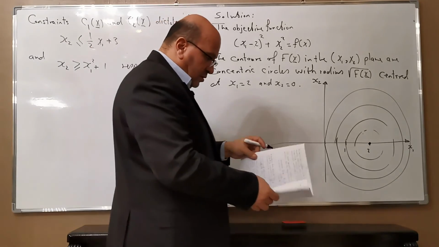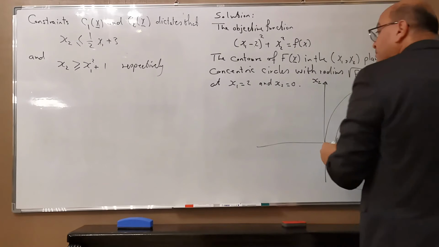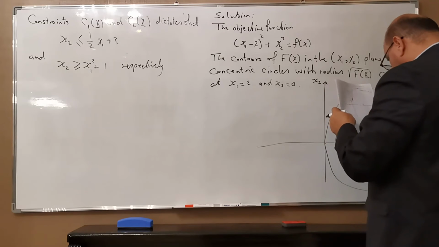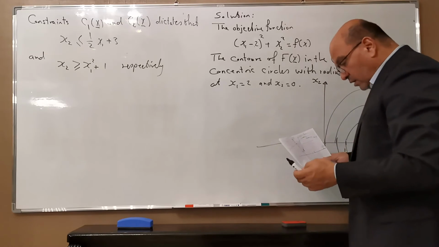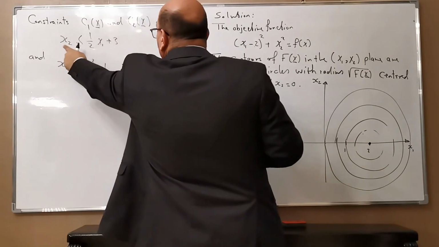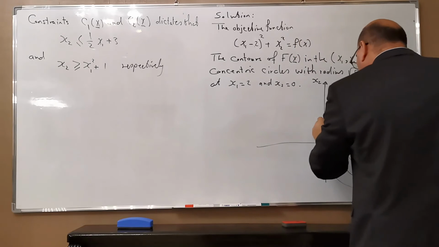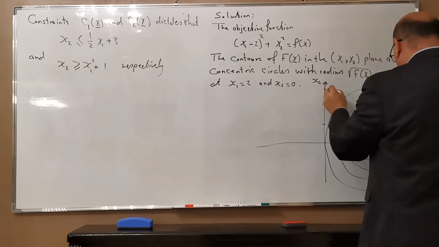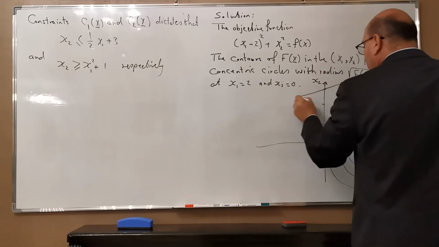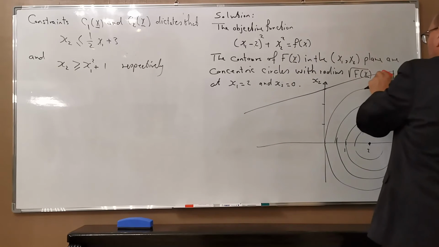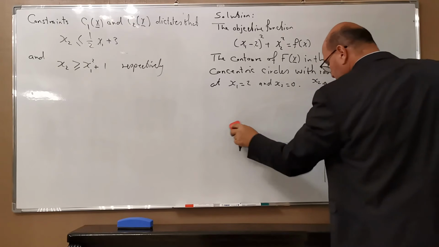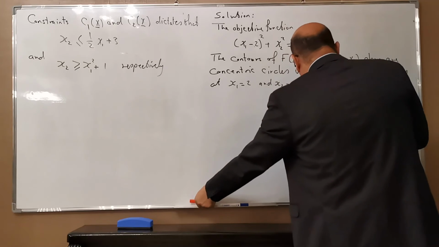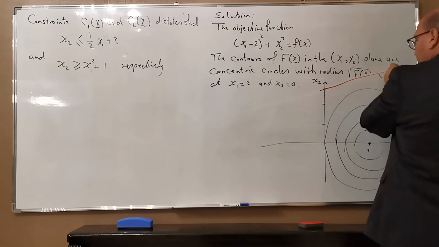Okay, so those two constraints, the first one is a line. C1 of x is a line where, when x1 is equal to 0, x2 is equal to 3, and we have a slope of 0.5. So this is a line. Let me draw it with the red marker.